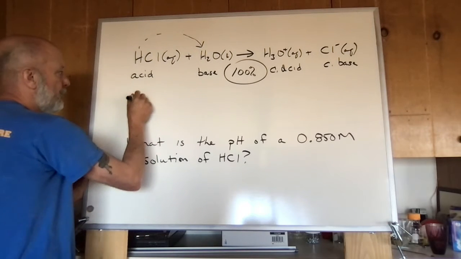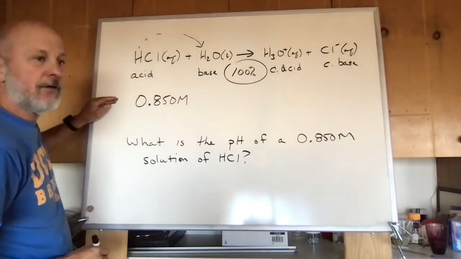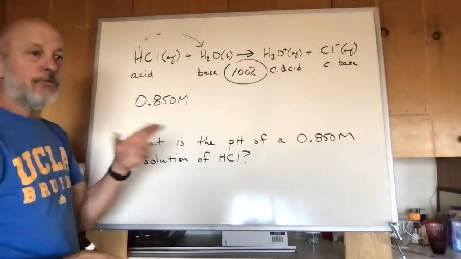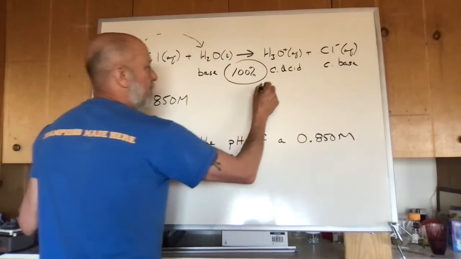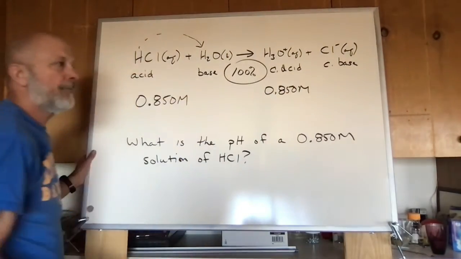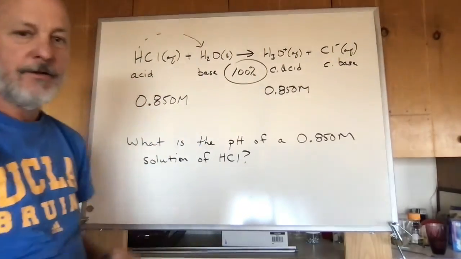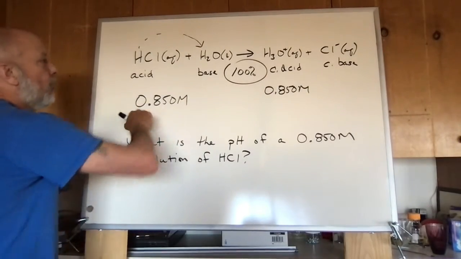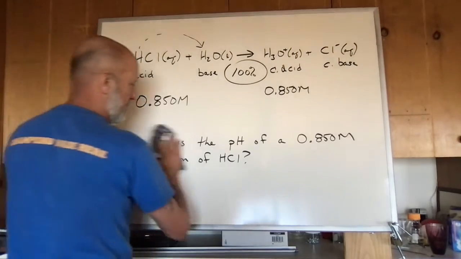I have 0.850 molar HCl. 100% of that 0.850 moles per liter will do that. Therefore, what is my concentration? 0.850 molar of hydronium. And it's also 0.85 molar of chloride, but we don't care about that when we're finding the pH. So if you're given a problem like this, 100% does that. And then we want the pH.